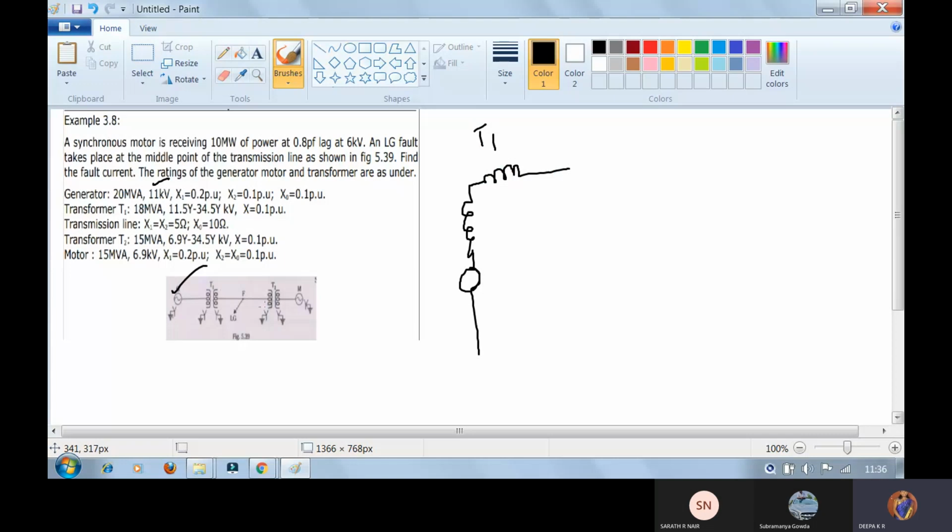But here we have a twist: before fault and after fault, your transmission line values will differ. So I'm splitting this into two cases. I'll write the transformer and transmission line as two split-ups because of the fault condition. Again, you have a transformer, and next you have a motor. Motor is represented with a winding with the source. So that will be connected back.